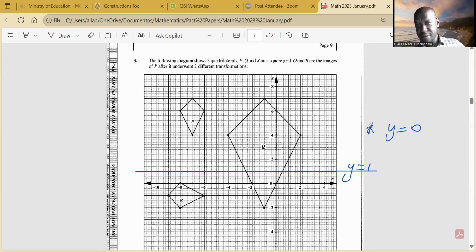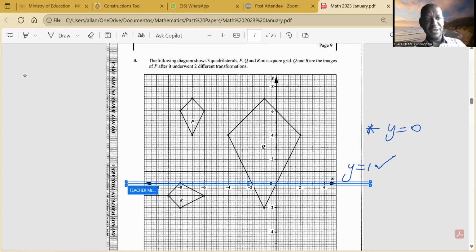No, this is y equal to 1, but I want y equal to 0. All right, correct. So you're just going to take this line and put it on the x-axis.